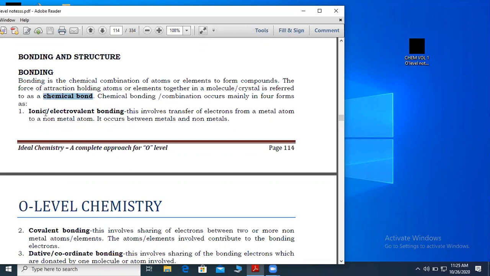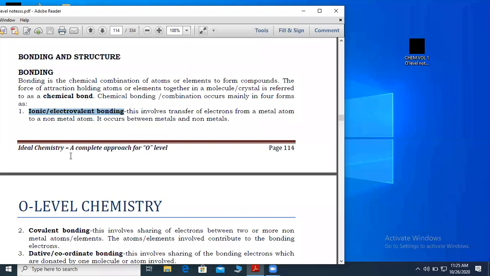We have ionic, also called electrovalent, bonding. We know ionic bond, we looked at it and said it is a bond that exists between a metal and a non-metal. And what we know about metals is that metals lose electrons. And how do you know that an atom is a metal?